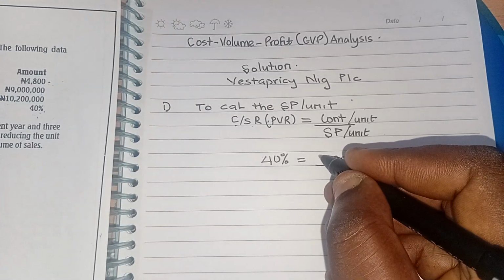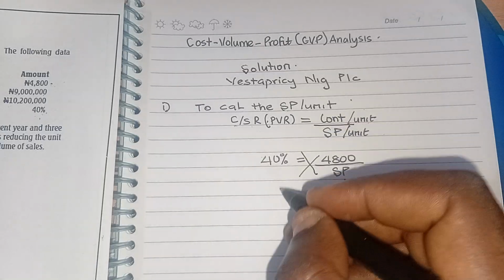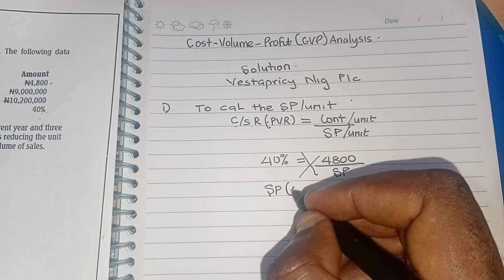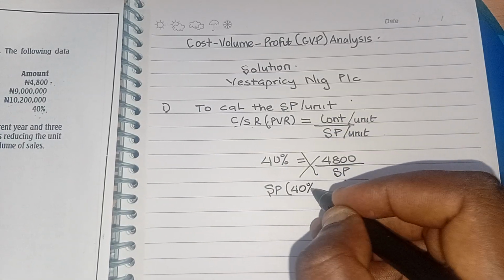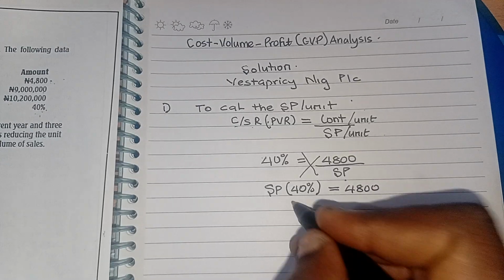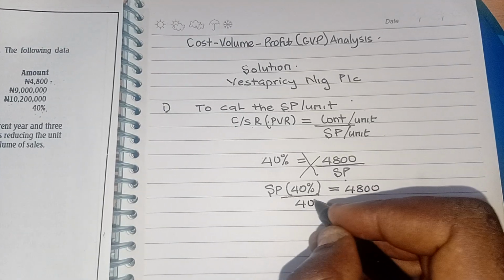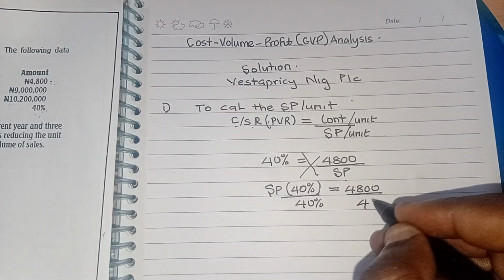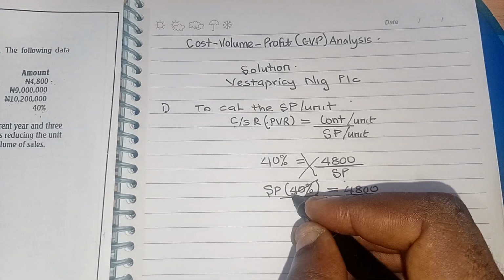So mathematically, we can cross multiply. So we have selling price times 40% equals 4,800. All right, then you divide both sides by 40%. Then this cancels out.